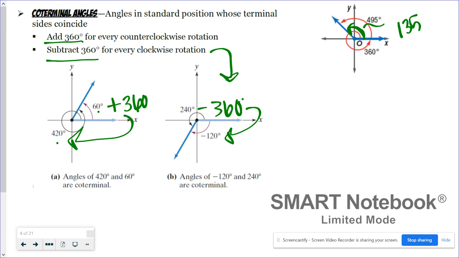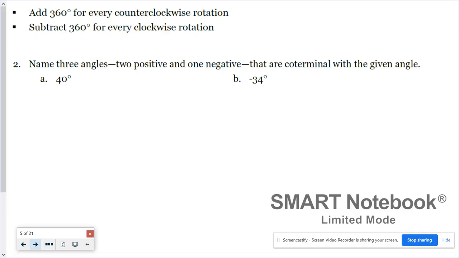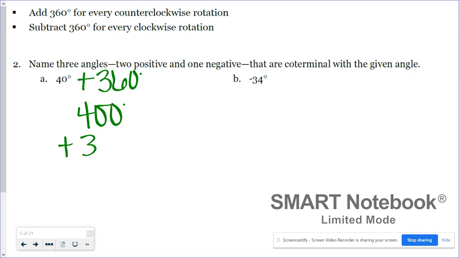Okay. So name 3 angles, 2 positive and 1 negative, that are coterminal with the given angle. My given angle is 40. So if I simply add 360 to it, I'm going to get an angle coterminal with that, and that angle would be 400 degrees. And then I could add 360 to that once more, and I'll get 760 degrees.